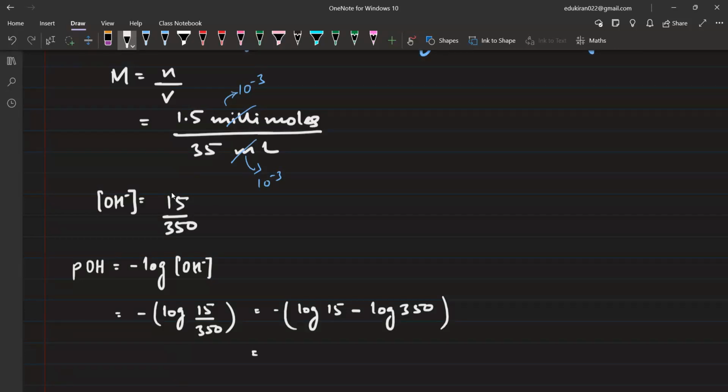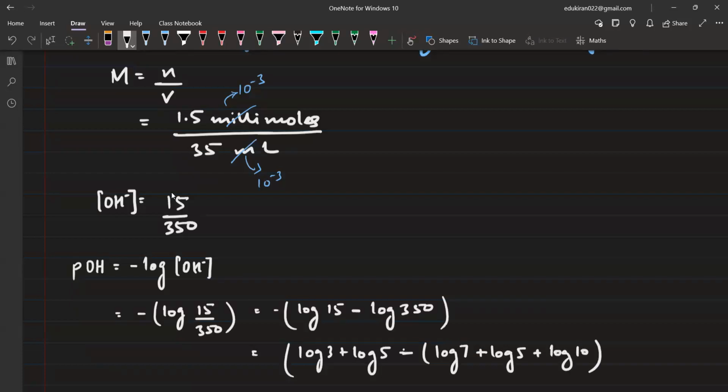For 350, we write 35 times 10 as it will be better. Log 15 will be log 3 plus log 5. Minus log 350, where log 35 will be log 7 plus log 5 plus log 10. Does this make sense? Yes or no? Yes, sir. 7 times 5 is 35, 35 times 10.